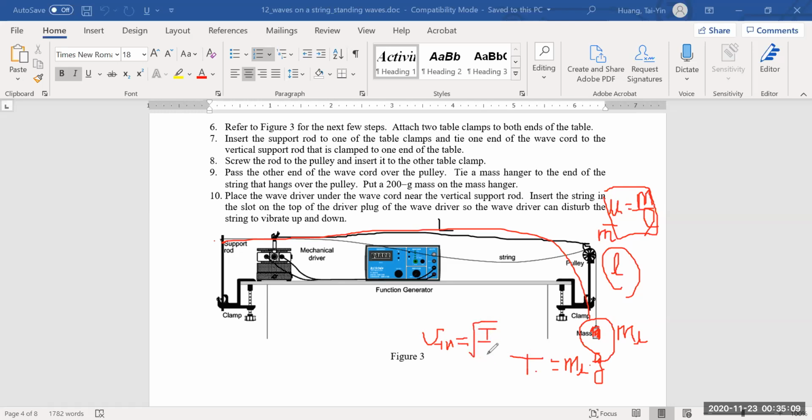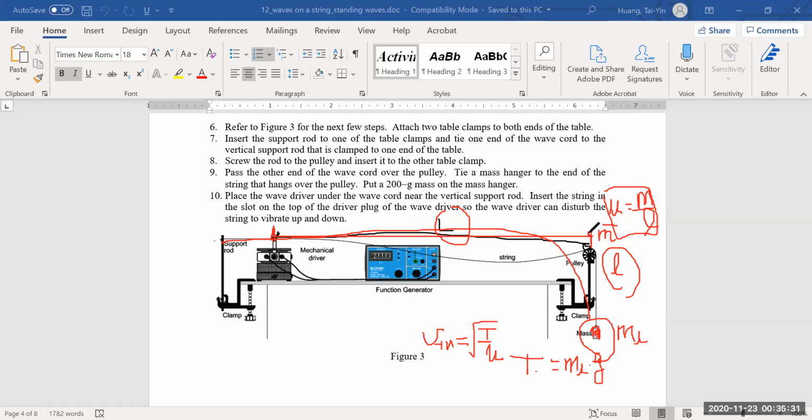When you do this calculation, make sure everything is in SI units: mass in kilograms and length in meters. And we mentioned that the capital L is different from the lowercase l, because the capital L is the length of oscillation.